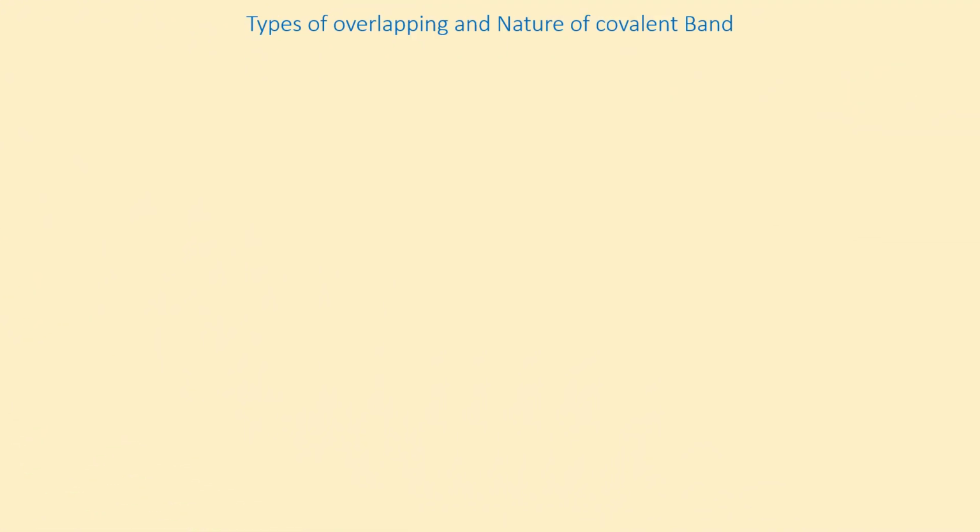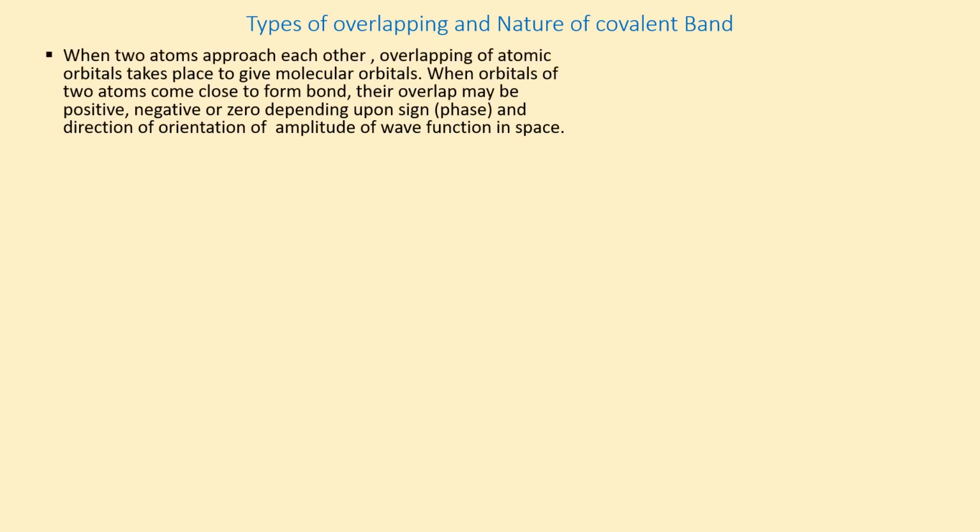Types of overlapping and nature of covalent bond. When two atoms approach each other, overlapping of atomic orbitals takes place to give molecular orbitals.